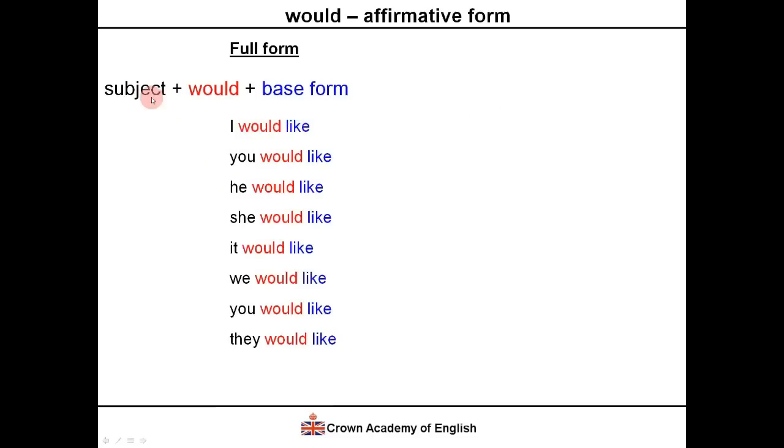So I is the subject, then we have would, and then we have the base form of the verb, which never changes. So would plus the base form is the same for all of them. So we have I would like, you would like, he would like, she would like, it would like, we would like, you would like, they would like. Very easy.